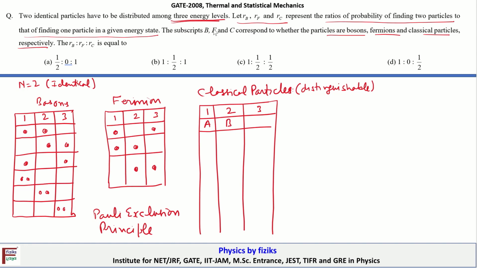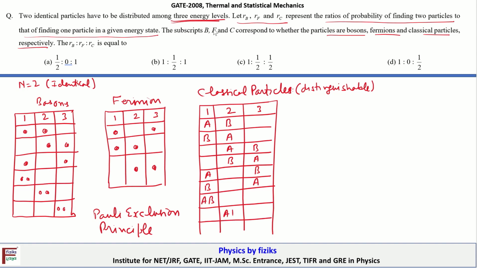So let's label them as A and B, and then the other possibility is B and A. AB, B and A. Then the last option is when we have both of the particles together in the same energy state. So these are the possible distributions for the classical particle.